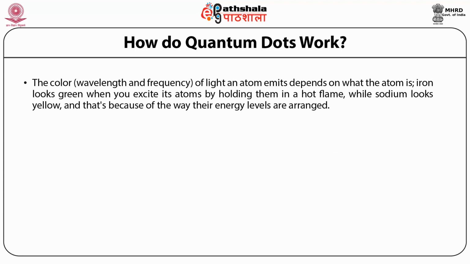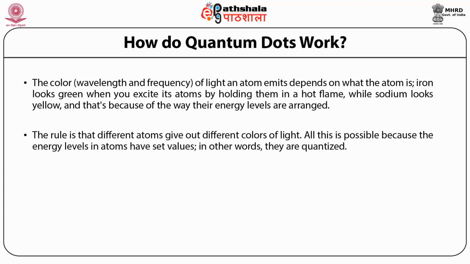So the color, in terms of wavelength and frequency, of light that an atom emits depends on what the atom is. For example, iron looks green when you excite its atoms by holding them in a hot flame, while sodium looks yellow, and that's because of the way their energy levels are arranged.